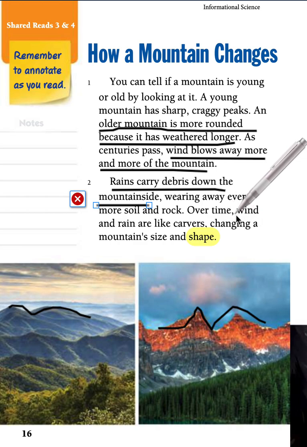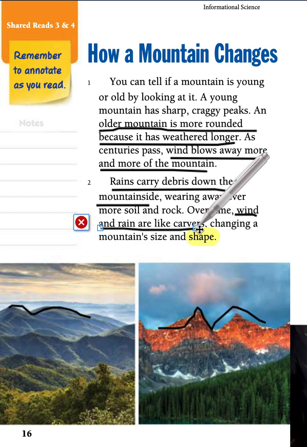And so it says wind and rain are like carvers. So that's kind of how the answer to that, how a mountain changes, is through, we would call that erosion, right? Because the wind and the water are affecting the shape of the mountains.